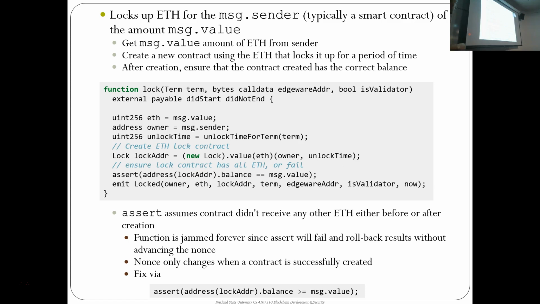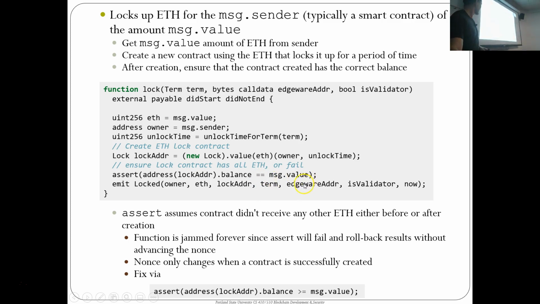And then right after it, it asserts that this balance is equal to the message value. Okay? So what happens here is that if someone has figured out what address this is going to be deployed at and adds some ether to that address ahead of time, then this is not going to be equal to message value.